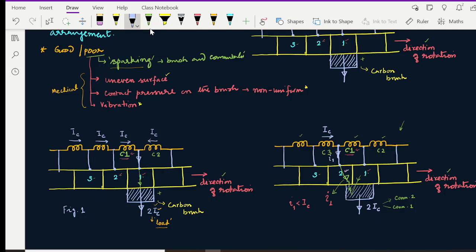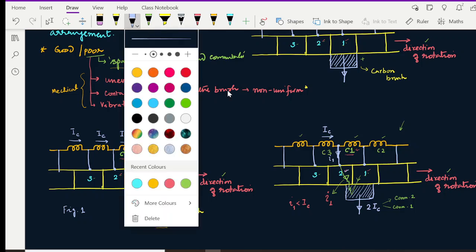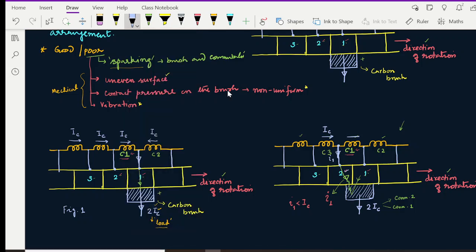You can apply Kirchhoff's current law. If you apply Kirchhoff's current law, the current in coil number 1 happens to be IC minus I1. Earlier, in figure 1, the coil 1 current carried I1.